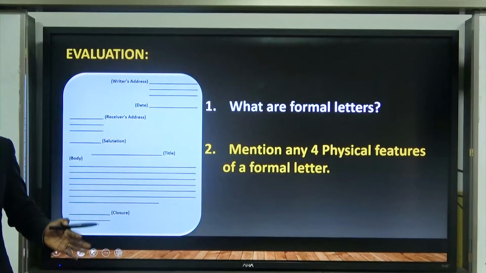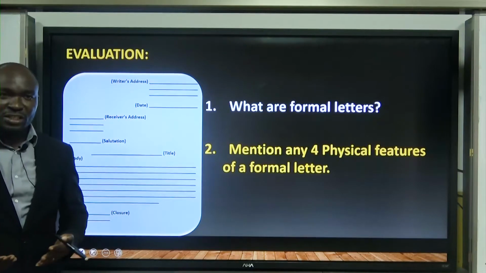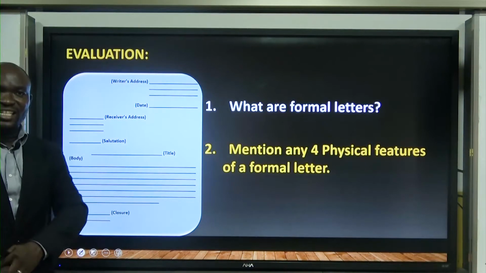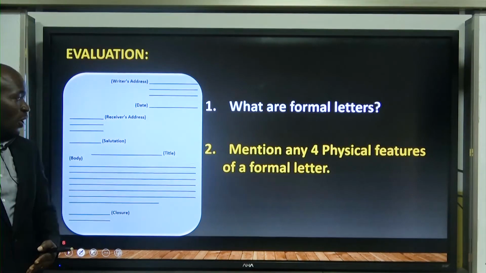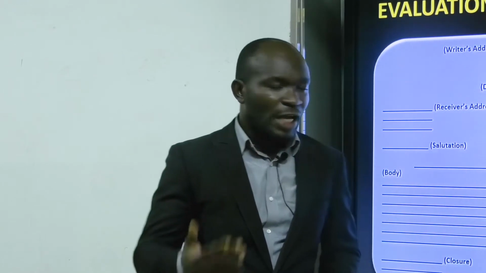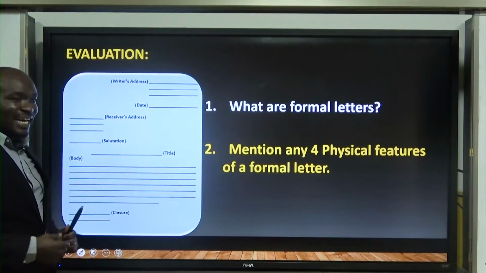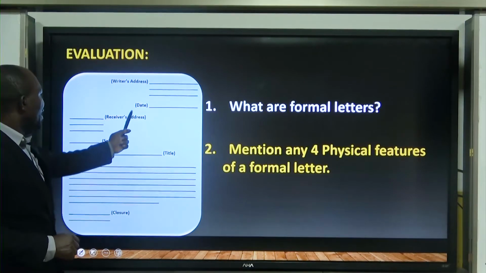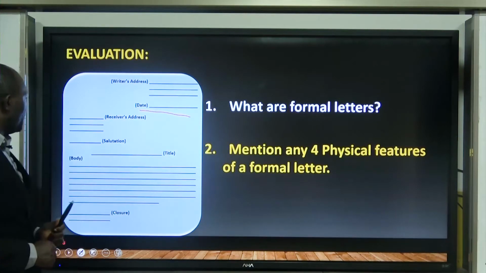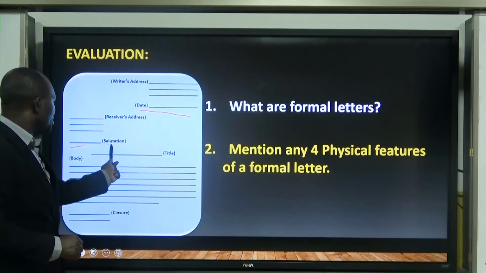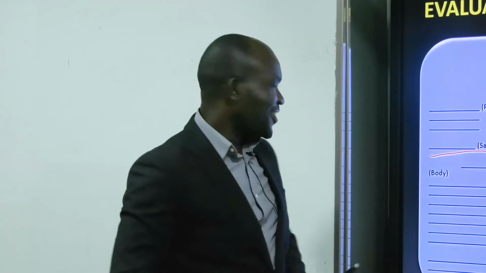Okay, can you mention any 4 features that you can find in formal letters? Physical features, yes, so that by the mere looking at a letter, you know it is a formal letter. In summary, these features include writer's address and receiver's address, 2 addresses, and then the date, we say it should be fully written. The salutation, can you remember what we said is preferred? Dear sir, of course.